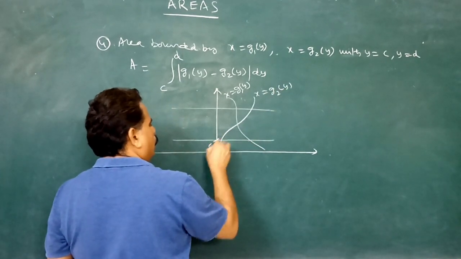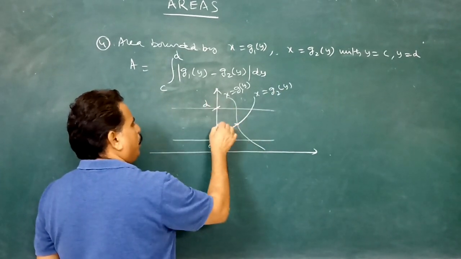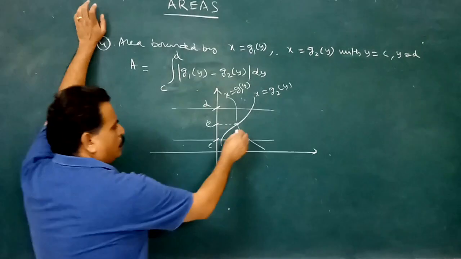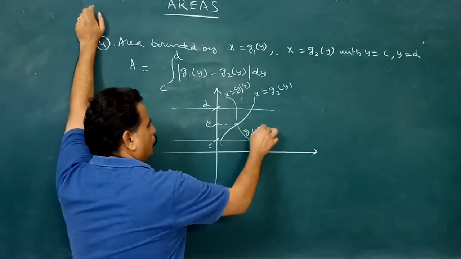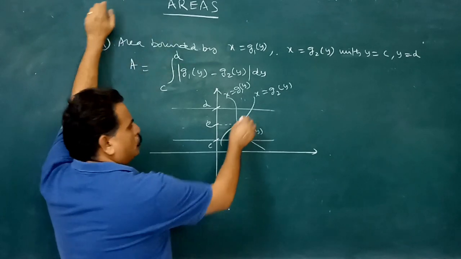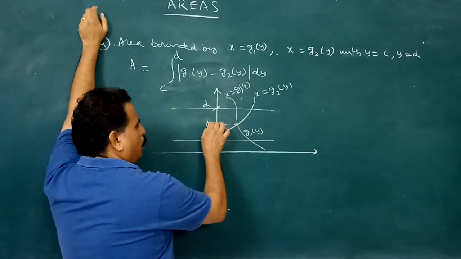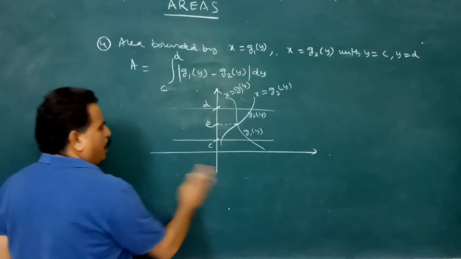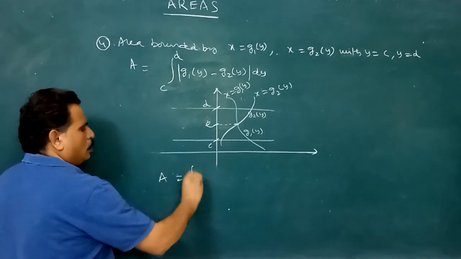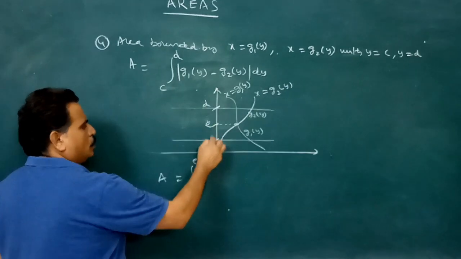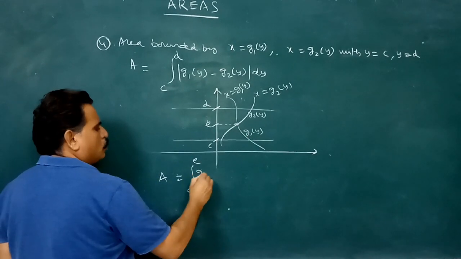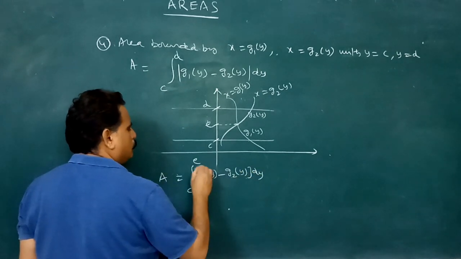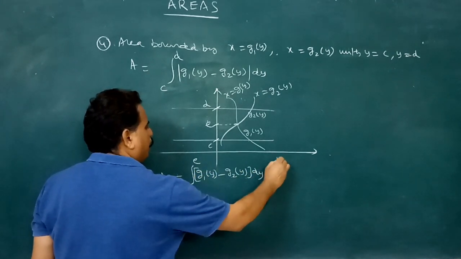Here it is c, it is d. The intersection point is e. Look here, it is g1(y), it is g2(y). After e, it is g2(y). So the area from c to d is equal to integral from c to e, where g1(y) is dominating, of g1(y) minus g2(y) dy, plus integral from e to d.